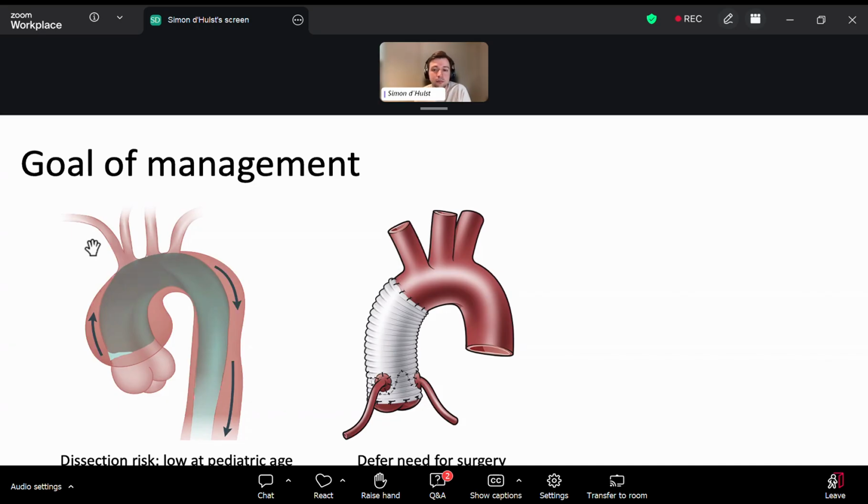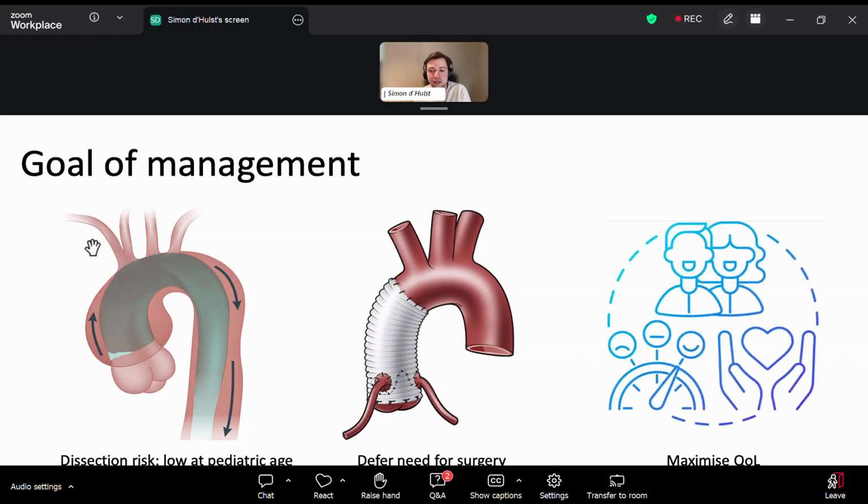In addition to preventing aortic complications, maintaining quality of life is essential as well. This also highlights the importance of multidisciplinary follow-up in our patients, which immediately takes me to my next slide.